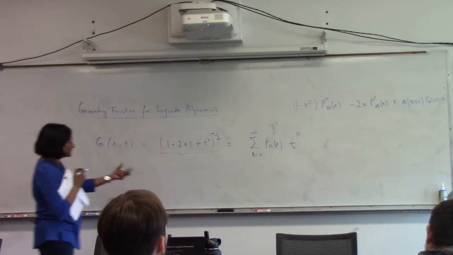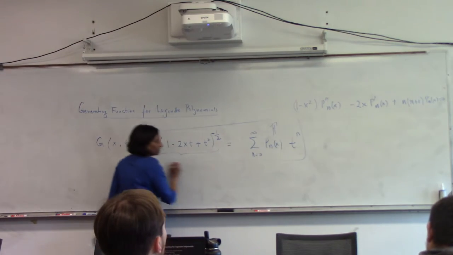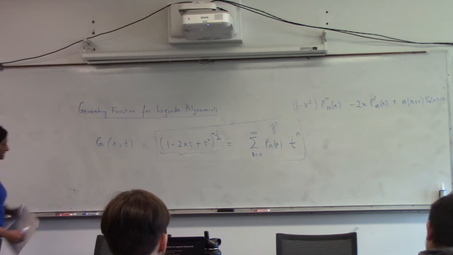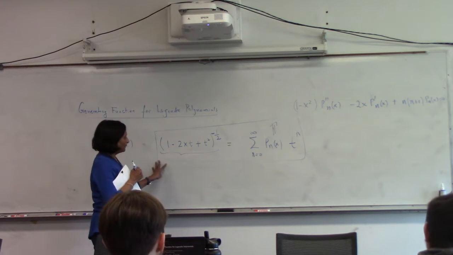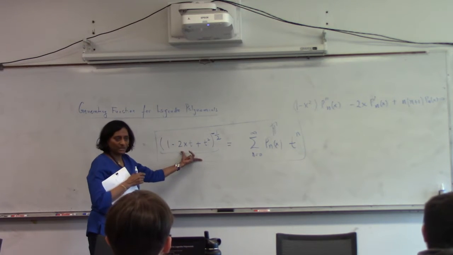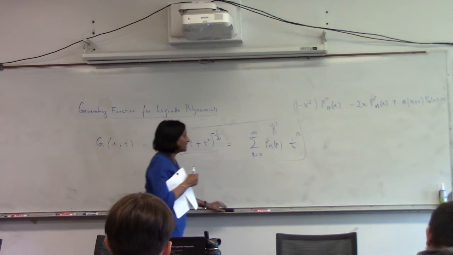Then we can start exploiting this property to get all properties of Legendre polynomials, the orthonormalization relationship and all that stuff. Right now, you don't even know why somebody came up with such a function. So it's not trivial, I would say.